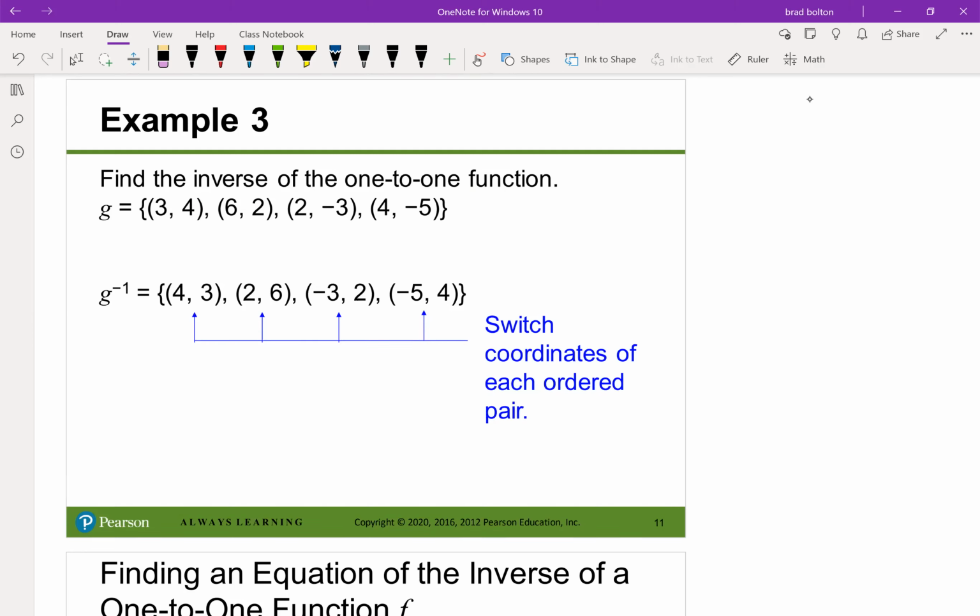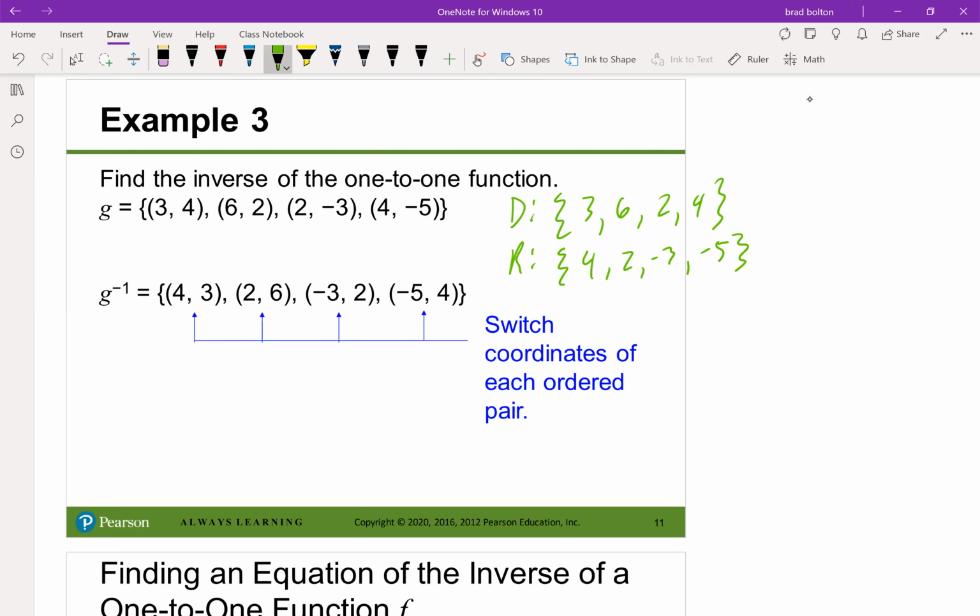So notice they're just interchanging the x's and the y's, so you can very quickly see that that would also change perhaps the domain. So if the domain of this particular function g, I'll write it out of order just so we can kind of line it up, would be the set 3, 6, 2, 4, and the range would be 4, 2, negative 3, negative 5.